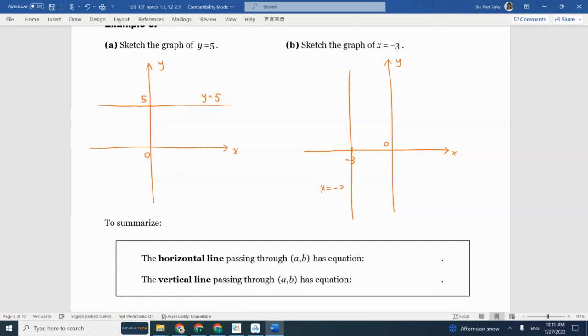X equals -3. Okay, so for my requirements, when you draw the graph, please write down the numbers. You're not required to put the little bars like 1, 2, 3, 4, 5. You don't have to put these bars, okay? But 5, you must put down this important number 5 there.